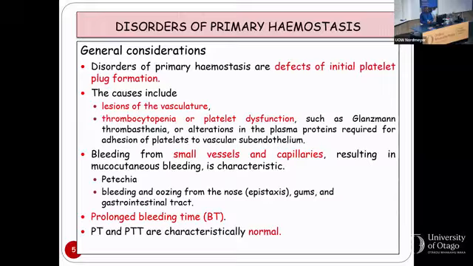So when we look at primary hemostasis, that is the part that involves the vessel wall and the initial platelet plug. All of those lesions that affect the vessel wall, the vasculature, or lesions affecting the platelets themselves are the kinds of things that will give problems at this stage.